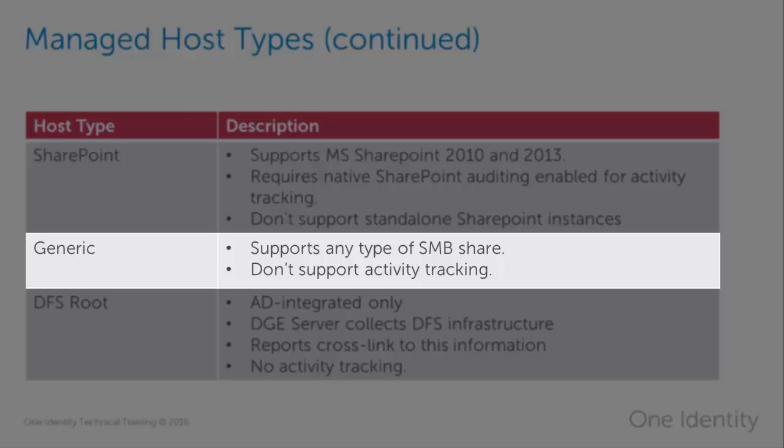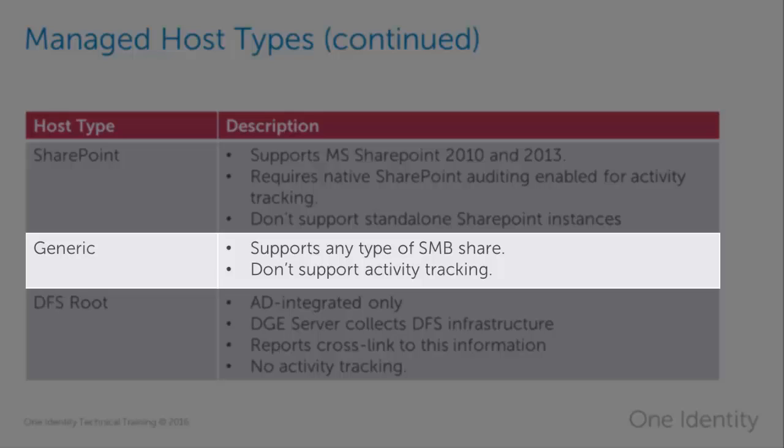Basically what generic does is it allows you to use DGE to scan SMB shares on devices. So regardless of the device type, if it's an SMB share, then DGE can target that, scan it, and then do security indexing and reporting on it. It does not support any concept of resource activity, neither for watching for security changes or any other type of resource activity.